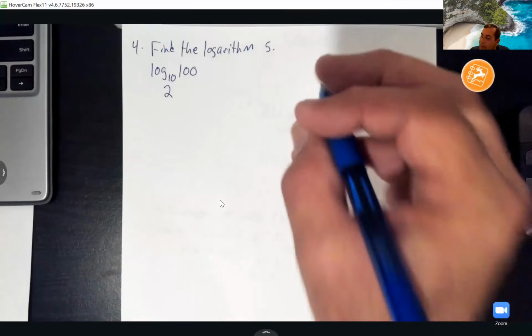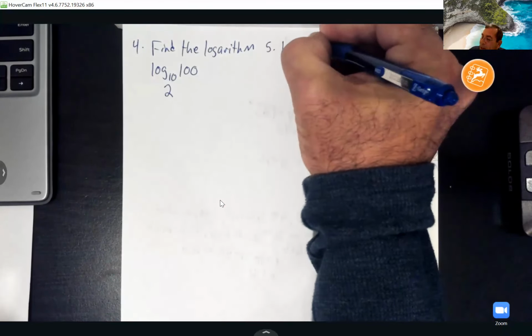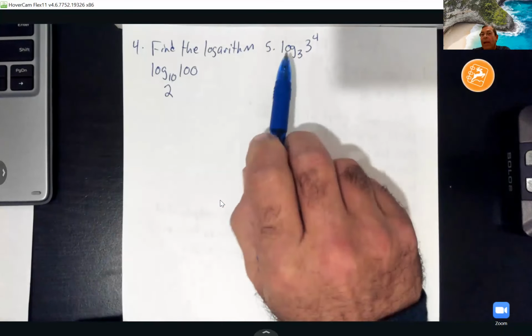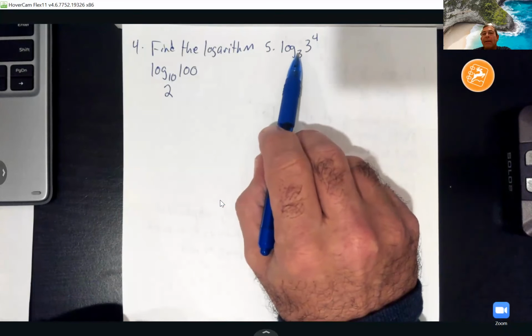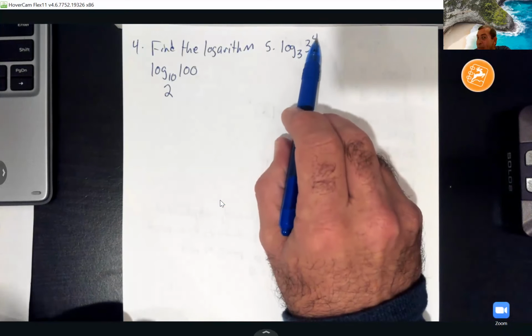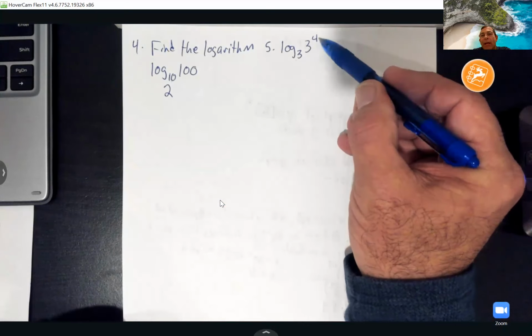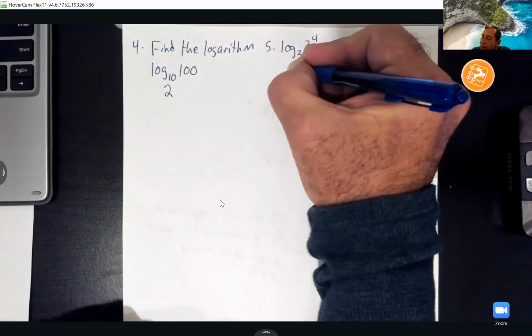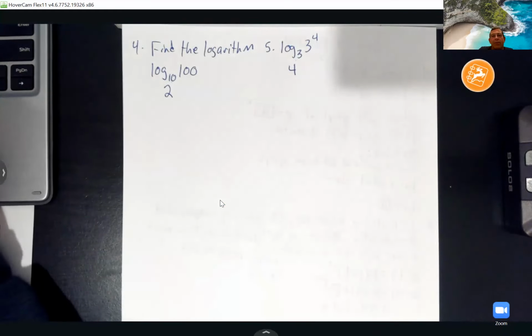And 5's doing the same thing, but y'all, this is log base 3 of 3 to the 4th. Now we had a property that said if we got a log base that matches that base raised to an exponent, the answer is going to be the exponent, which is 4. So y'all watch this. We can punch that one on there. Any of these logs, we can punch on that log base.